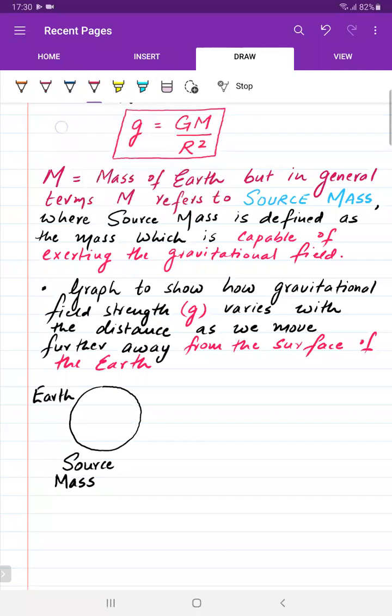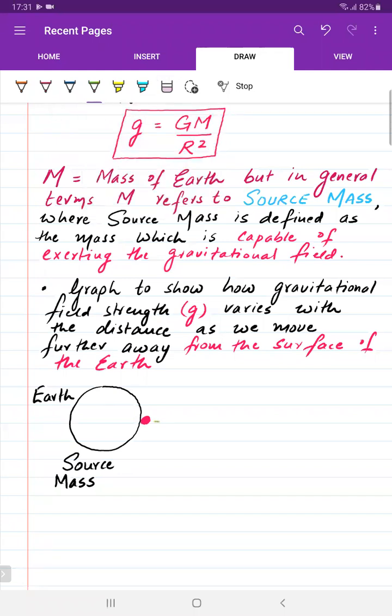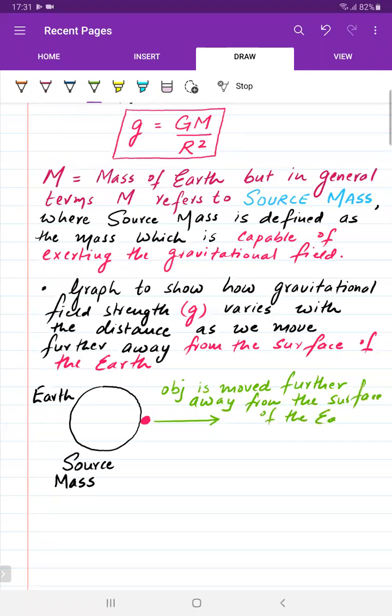Okay, so there is an object positioned on the surface of the earth, and based on the wording, the arrow indicates that the object is moved further away from the surface of the earth. ठीक है, तो just a diagrammatic representation showing that an object is positioned on the earth's surface.